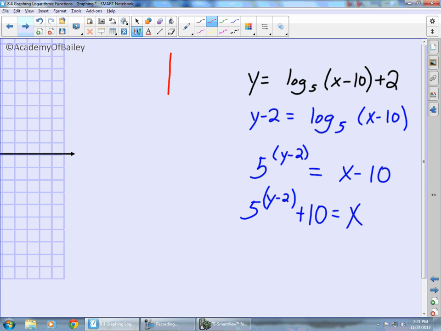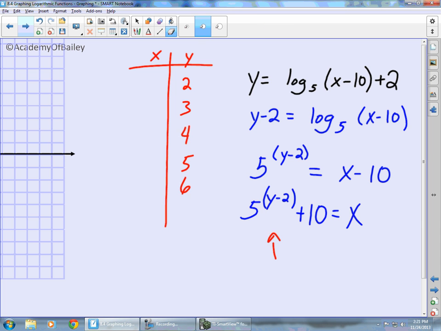Find the table of values. You notice in the last example we had that minus 3. Well, we have minus 2 here. So let's start with some values that are somewhere close to 2. Ooh, these numbers might get big.